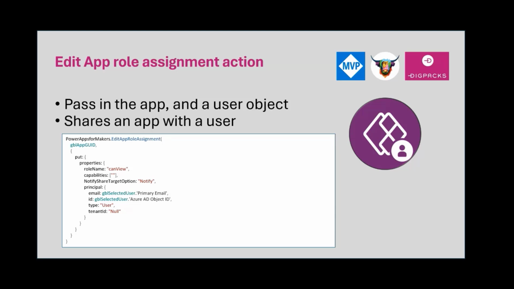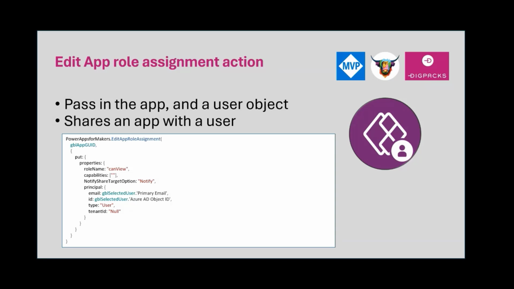And within our object, we have some properties, our role name, which is can view for accessing the app as a user. You can also pass in can edit, which would give someone co-ownership of an app. We have the capabilities area, which isn't relevant for this particular demonstration. We do have to pass in an empty object if we are not using that though.